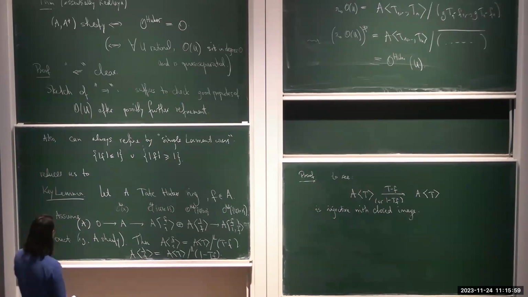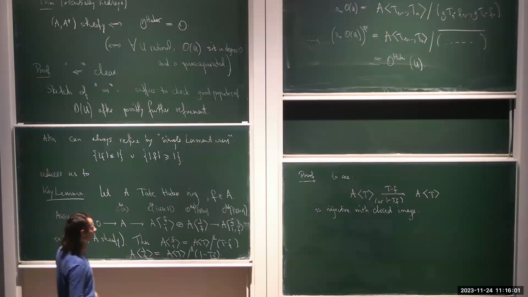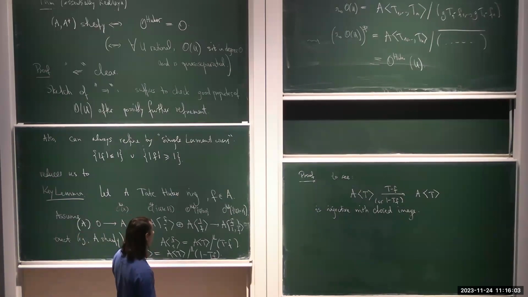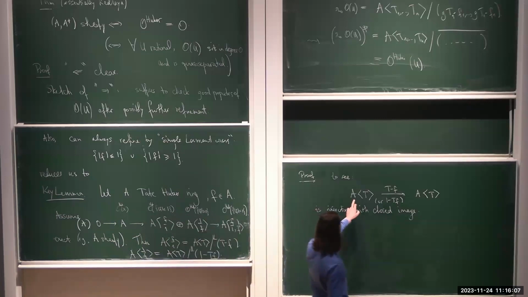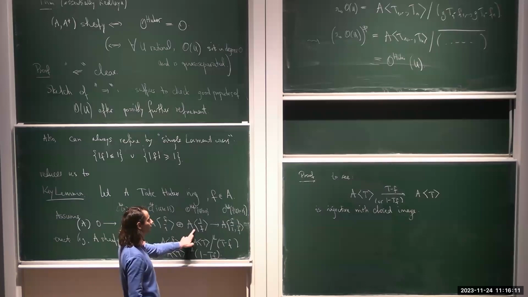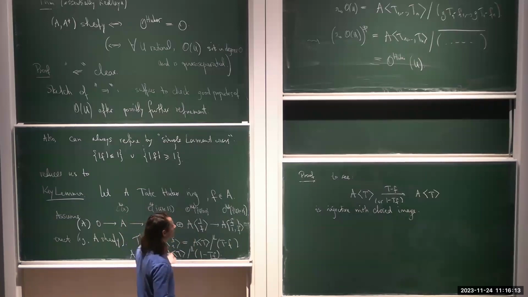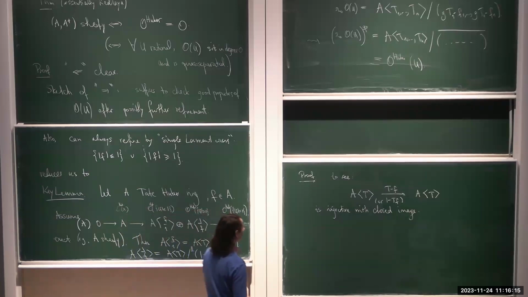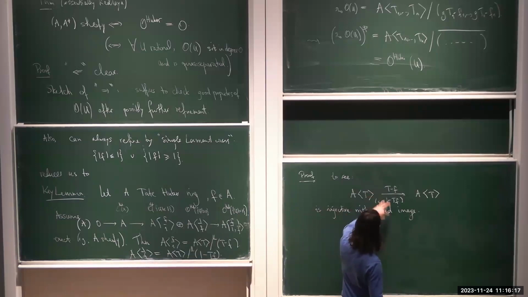But actually, because of star, for example, if you want to show injectivity, let's assume you have something in the kernel that also still lies in the kernel when you replace A by one of those two rings. But then over those two rings, it's easy to see that this map actually is injective.